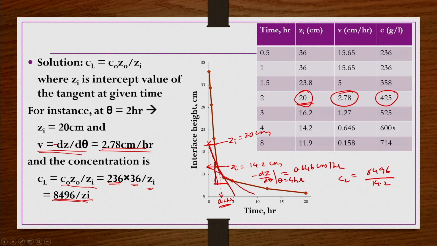So, that is roughly coming out to be 600 gram per liter. Okay. So, this is how we can construct the C versus V information.